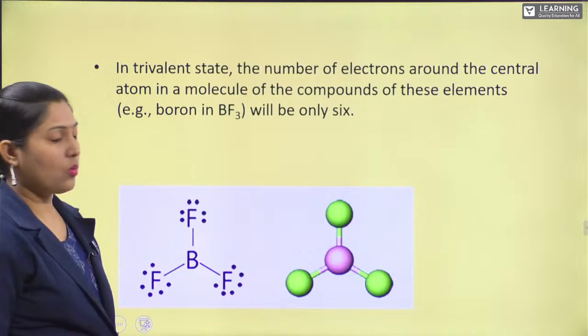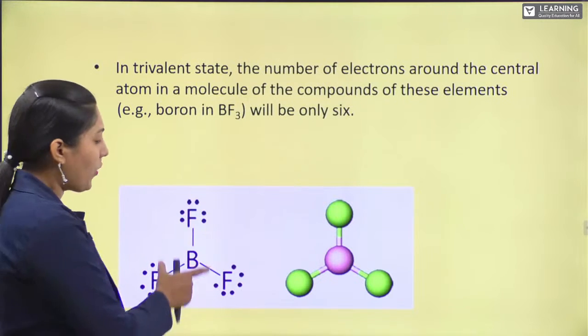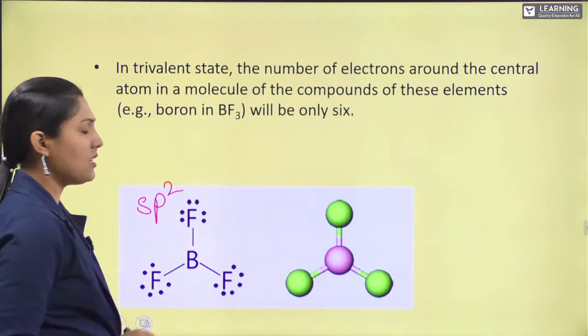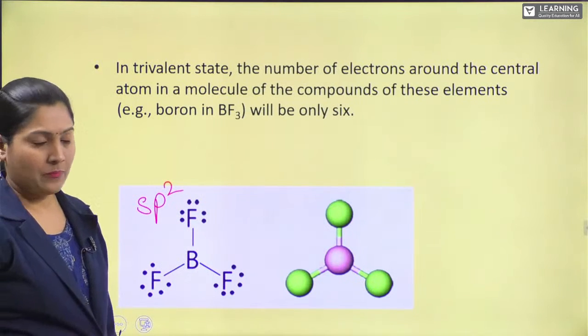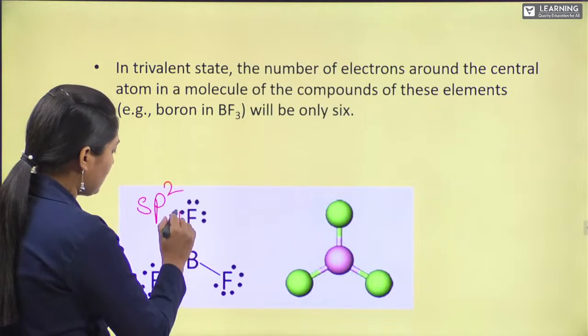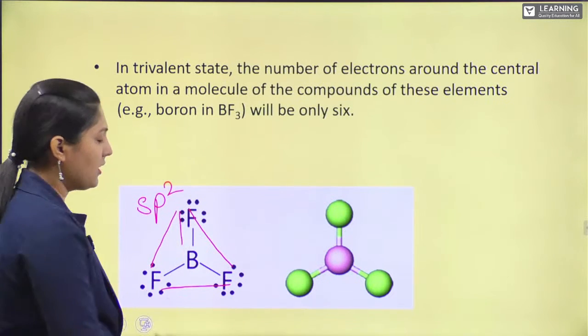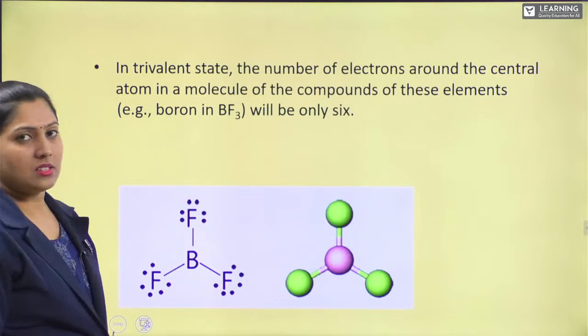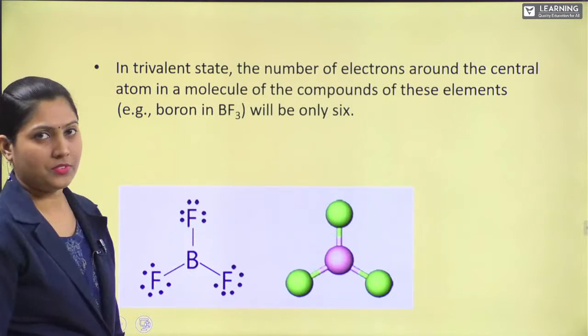So what happens? We get the structure where it will be sp2 hybridized boron orbitals. And what structure is this? Planar trigonal. Okay, we have the planar trigonal structure for this BF3.